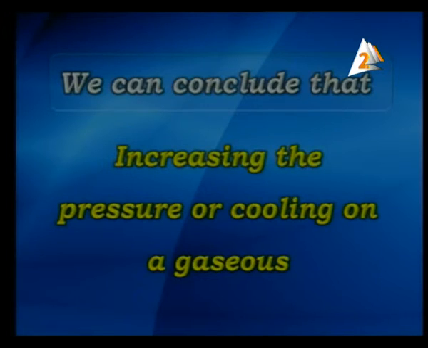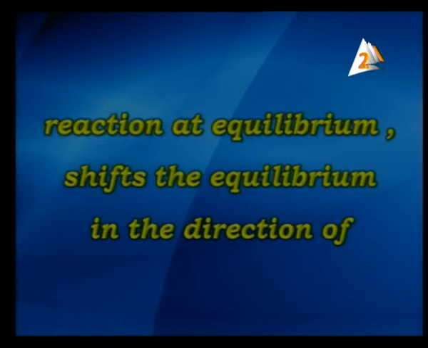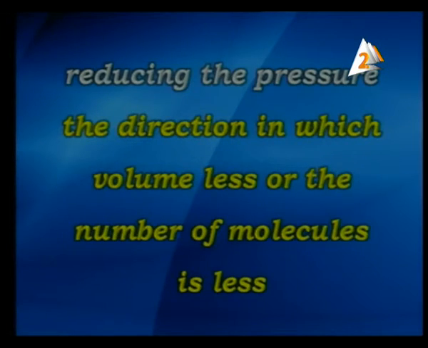We can conclude that, first, increasing the pressure or cooling on a gaseous substance at equilibrium shifts the equilibrium in the direction of reducing the pressure, the direction in which the volume is less or the number of molecules is less.